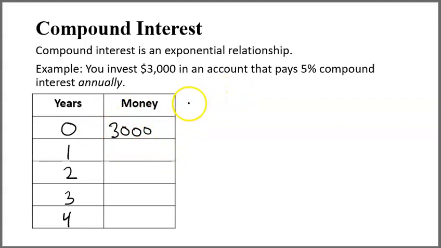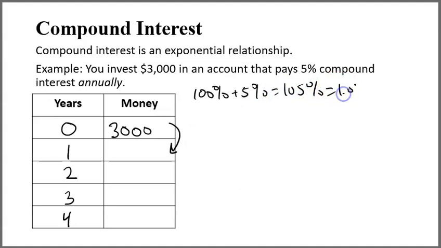Then I'm going to take 3,000 and multiply this by 100% plus 5%, and that's 105%, or 1.05. So my 100% plus the amount it grows annually, once a year, is going to be my multiplier. So this is my multiplier.